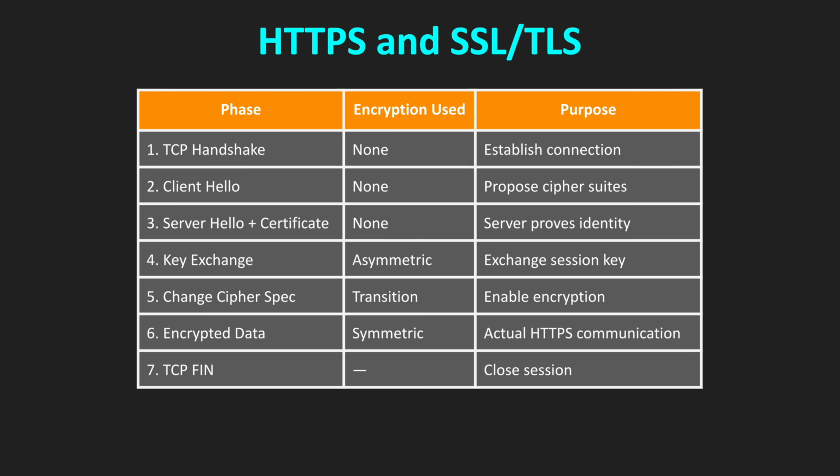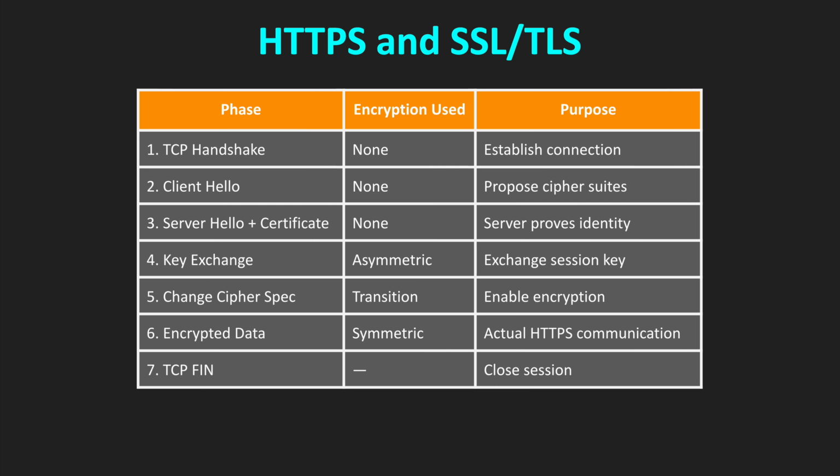So to sum up what we have learned here: in order to send a message securely as a part of the HTTPS request, we use HTTPS, which stands for secure HTTP, and the first step of it is the handshake.